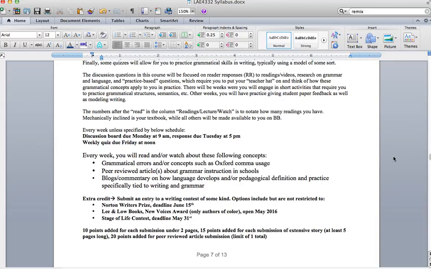Of course, you're going to read the text for this class. And you're also going to participate in your own writing activities to heighten your own grammar knowledge. So a lot of these will be creative writing prompts that will focus on grammar.